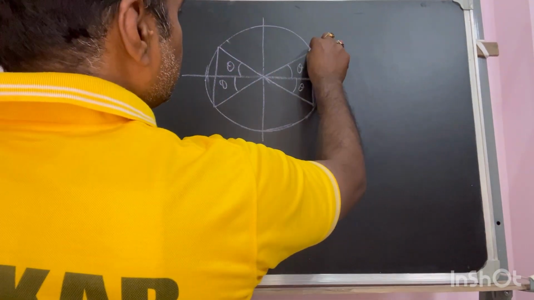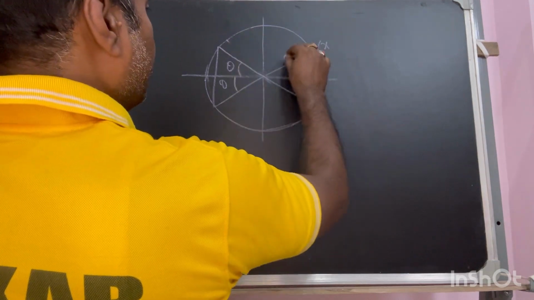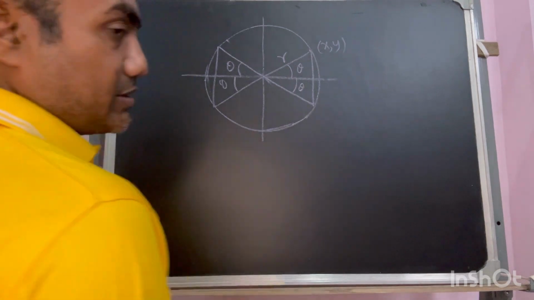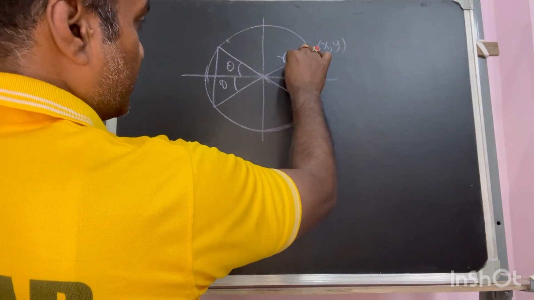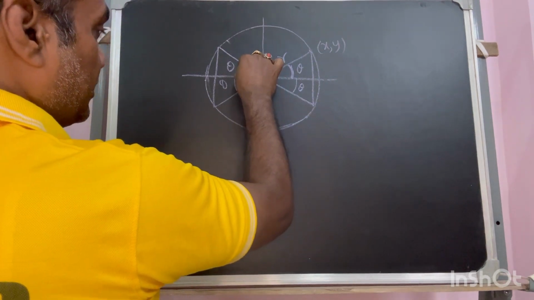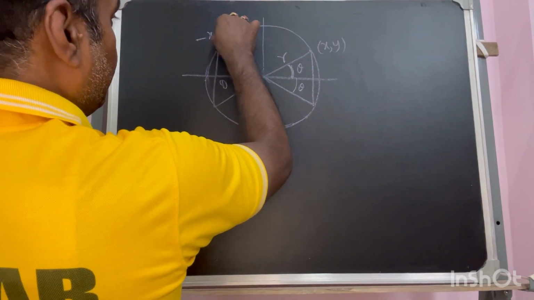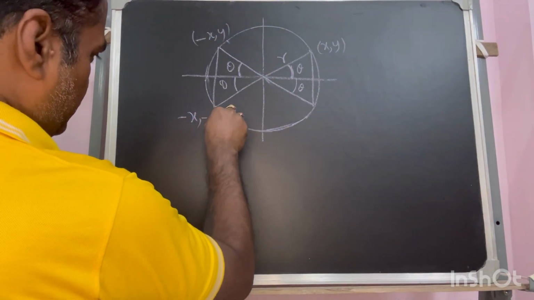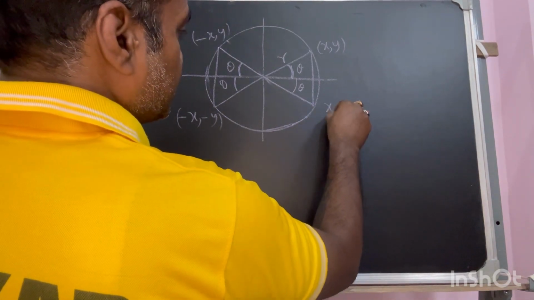In the first coordinate, the point on the circle having radius r, we have taken the point as x and y, which is making theta angle with positive x. If it has to make theta angle with the negative x, this coordinate has to be minus x and y. Similarly, other coordinates are minus y and x, and minus y.